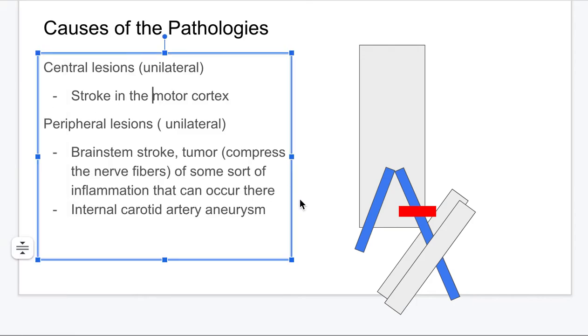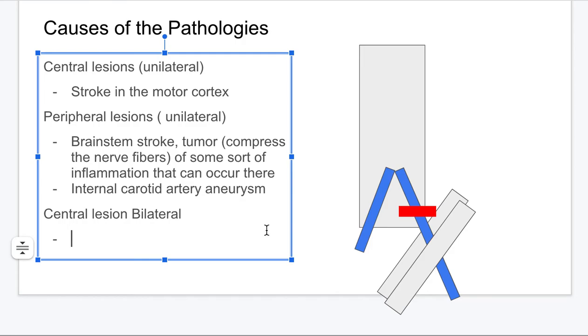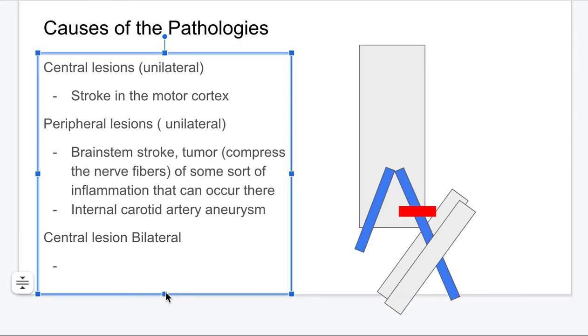Bilateral, what are the causes of bilateral, central and peripheral? Any sort of central lesion bilaterally can be due to pseudobulbar palsy. This type of pseudobulbar palsy is going to be, for example, stroke of the brain.